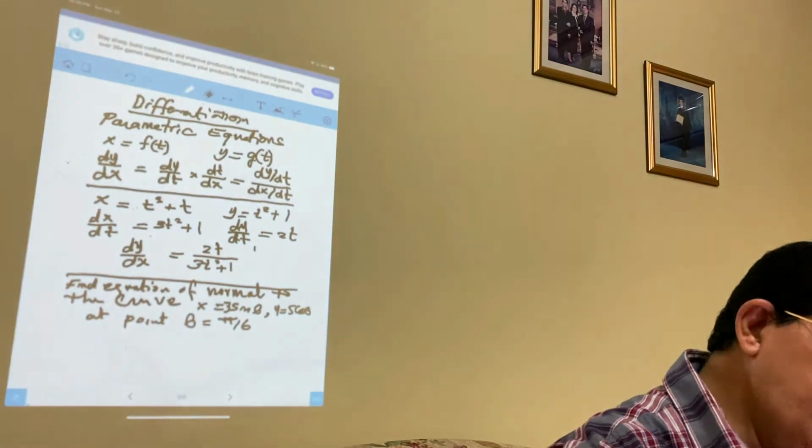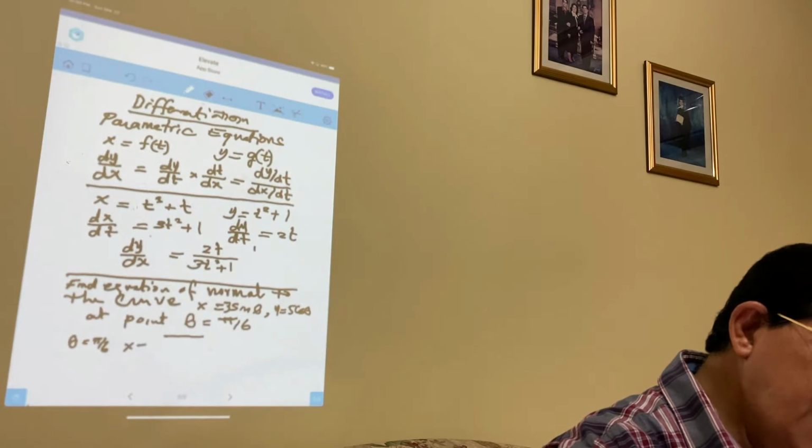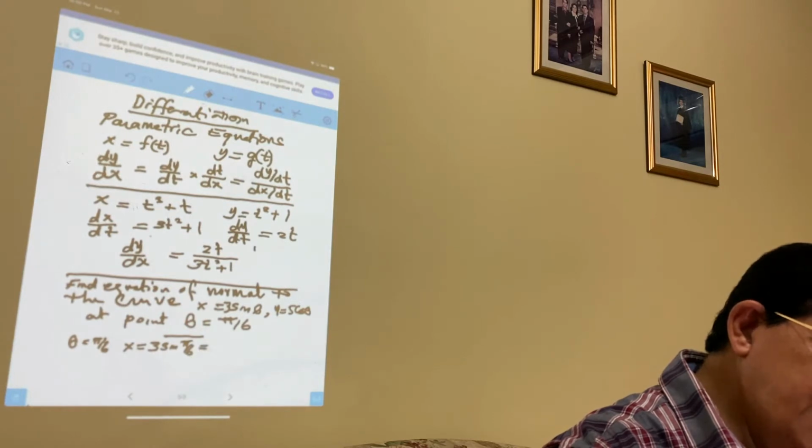What we are going to do is first find the coordinates of the point when theta equals pi over 6. If theta equals pi over 6, what is x? 3 sine pi over 6, which is 3 times a half, 3 over 2.